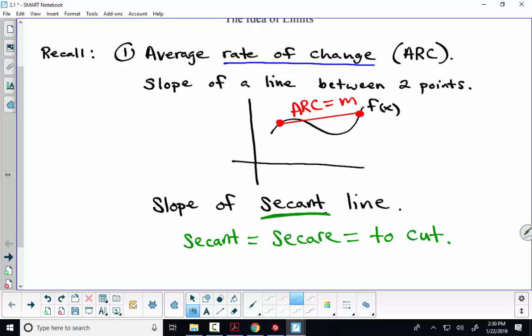So we have a line that cuts a curve, as we see up there. We call that the secant line. So we've got a mathematical interpretation as the slope of a secant line, a physical interpretation as average rate of change.